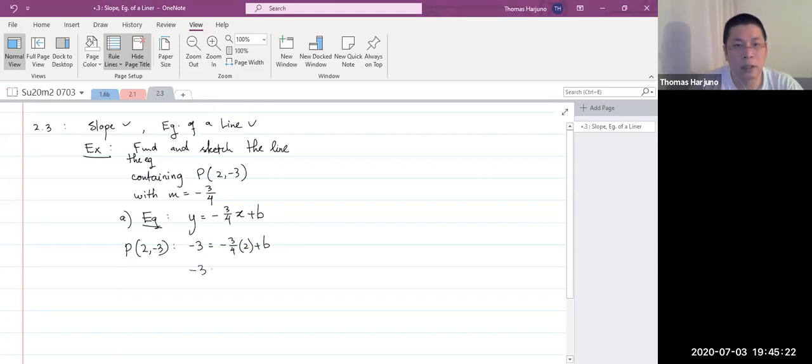That's -3 equals to -3 over 2. I cancel the 4 and 2, right? And then -3 plus 3 half equals to b. Do the LCD. Then when I add, I will get -3 halves equals to b. So the equation is y equals to -3/4 x minus 3 halves. That's the equation.